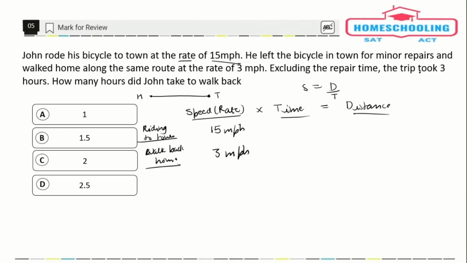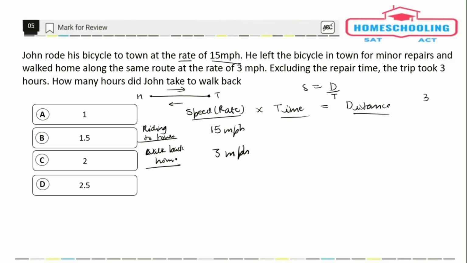Excluding the repair time, the trip took 3 hours. So going from home to town and walking back from town to home, both took 3 hours.